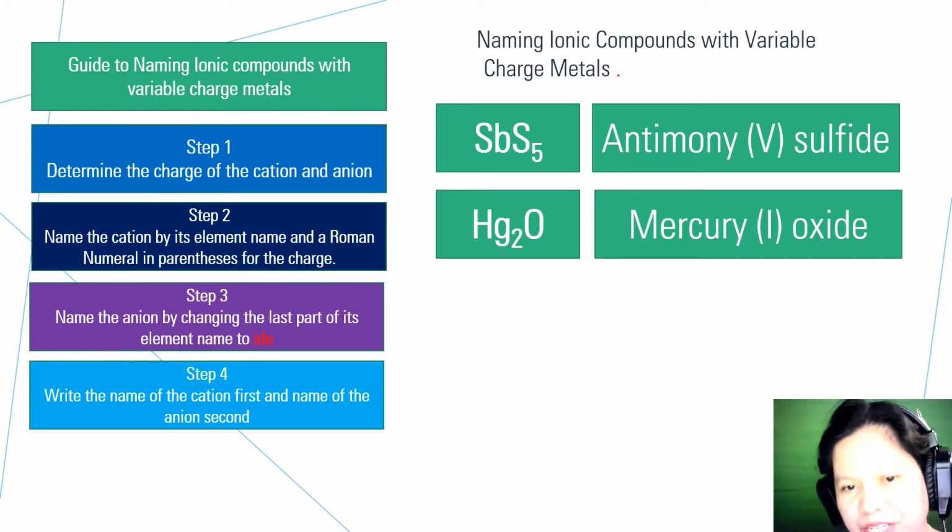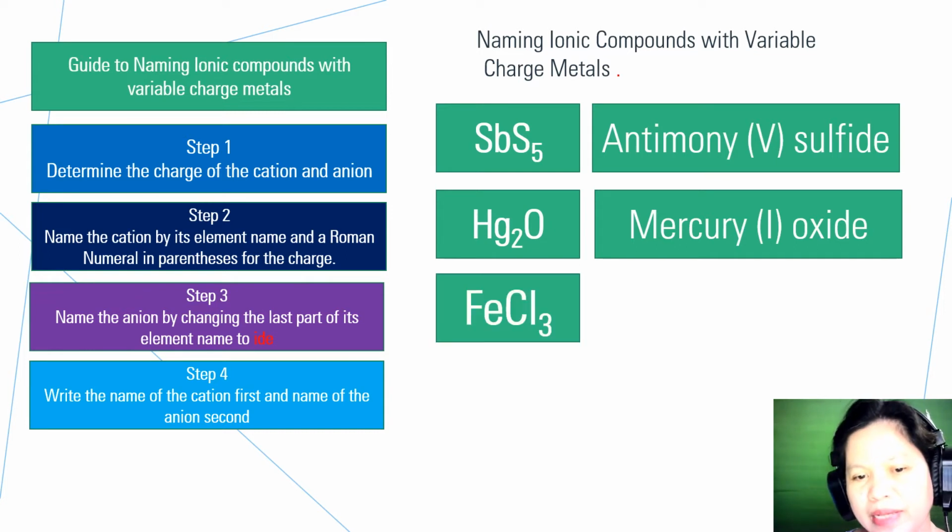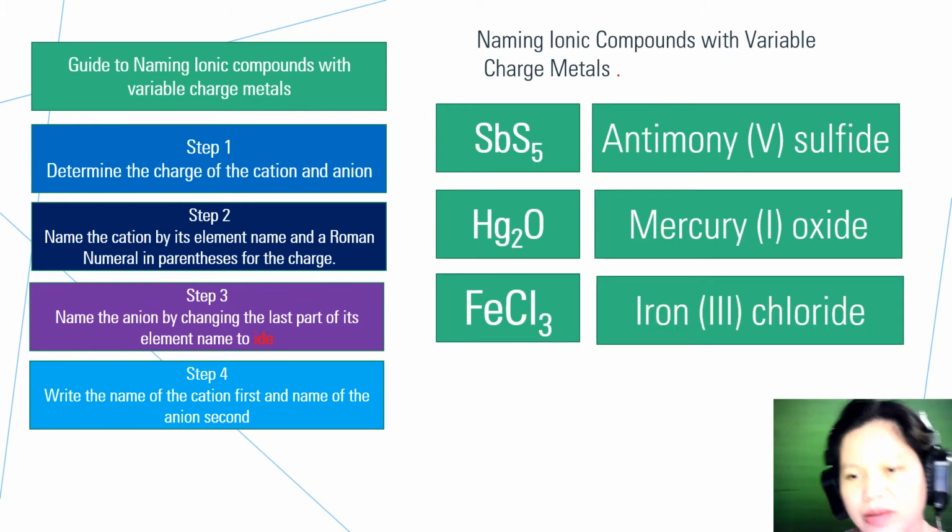Because understood that the charge of mercury is 1. Next example, iron chloride. Iron 3 chloride. Why 3? Because the charge of iron here is positive 3. Okay, that's why when you give the name, it will be iron 3 chloride.